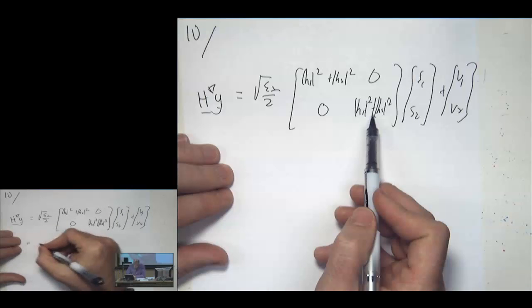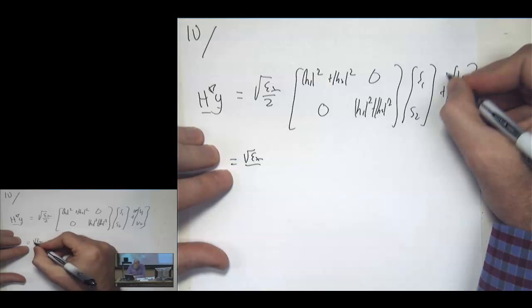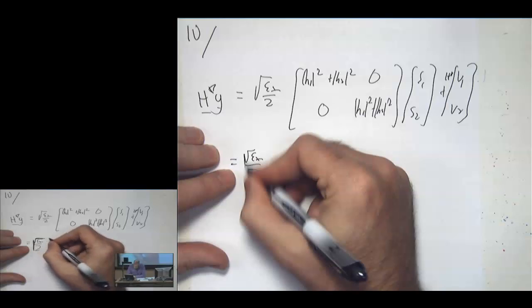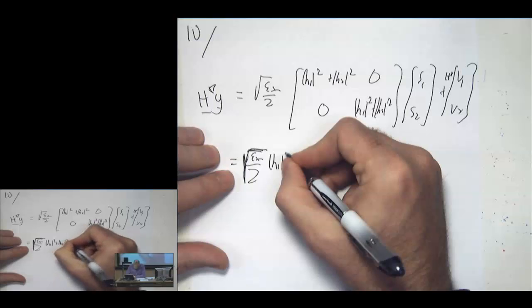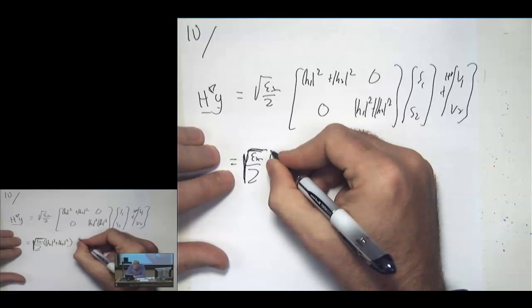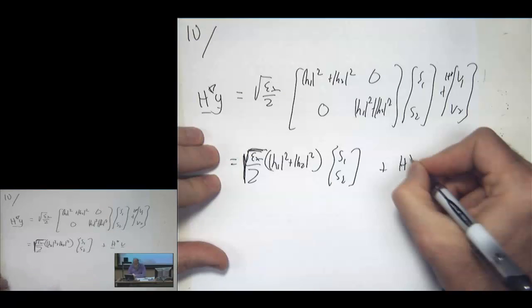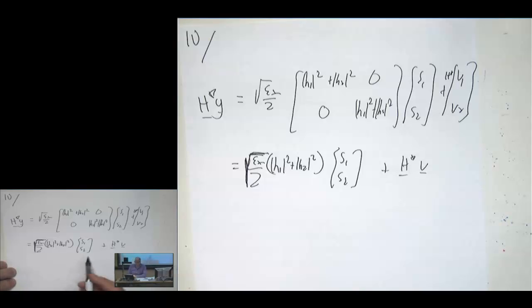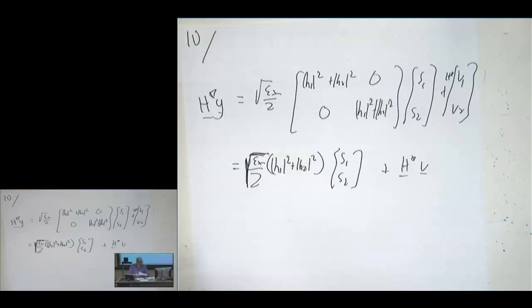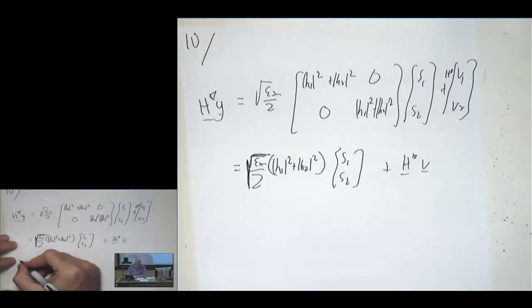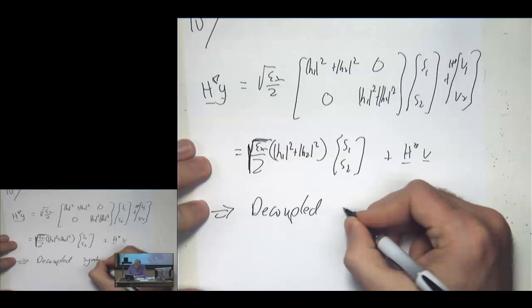So this is actually equal to square root of Ex over 2, sorry, I forgot the H star here, times h1 modulus squared plus h2 modulus squared times s1, s2 plus this noise here. So what we've done is we've completely decoupled these two symbols. That's quite nice, and that is a major feature of this trick.